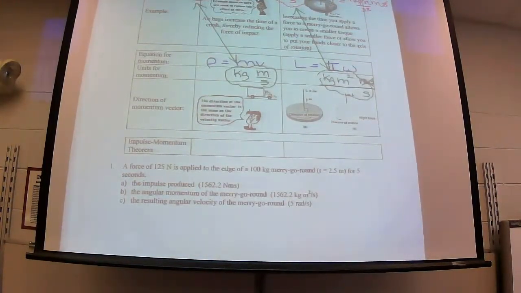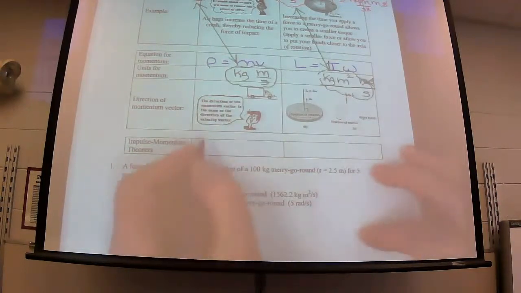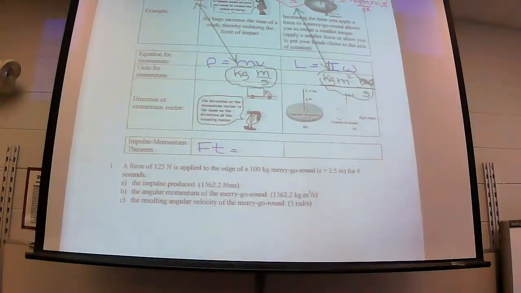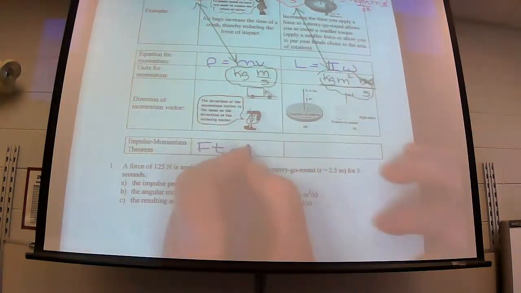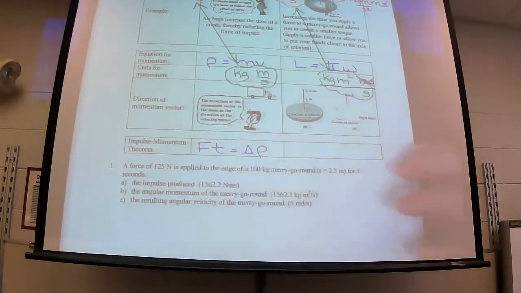All right, and then the last thing that we'll write down is the impulse momentum theorem when we hook them together. Impulse will create a change in momentum. So let's break that down one more time.